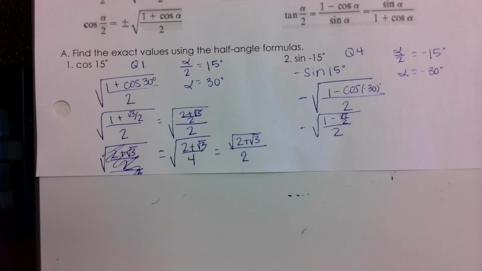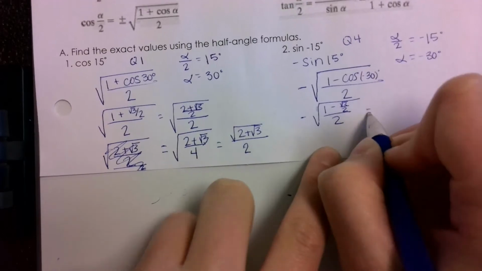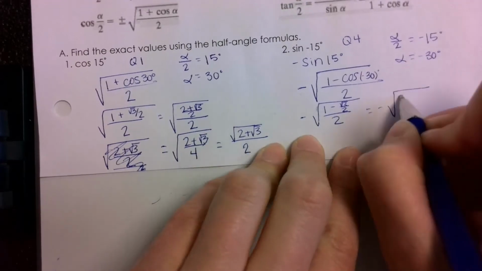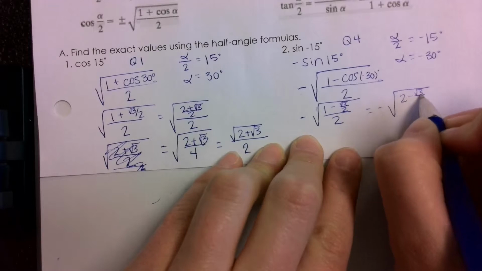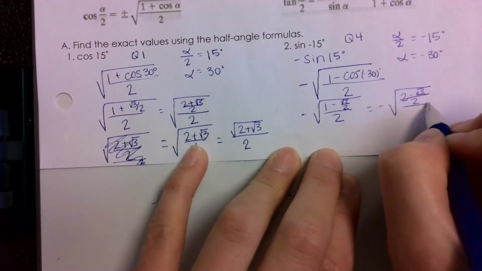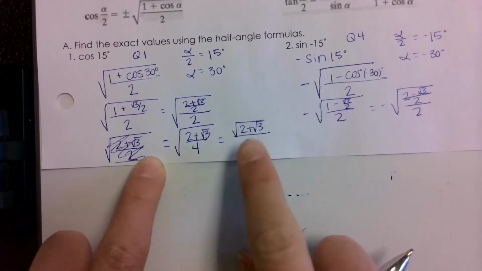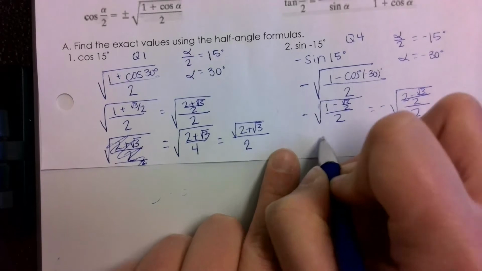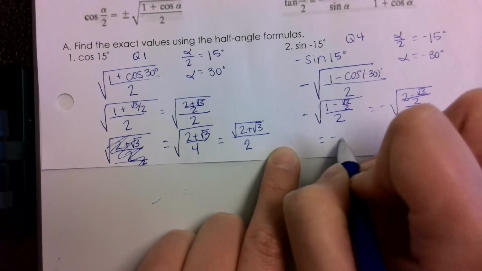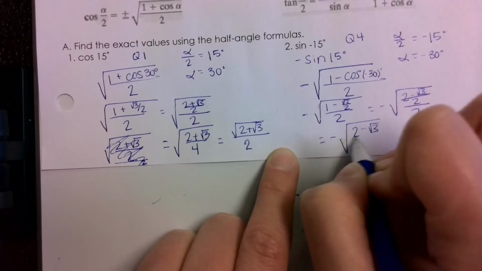And so again, we could write this one as negative 2 minus root 3 over 2, all over 2 again. So it's going to end up simplifying the same sort of way that it did over here. So we'll have negative big root 2 minus root 3 over 4.